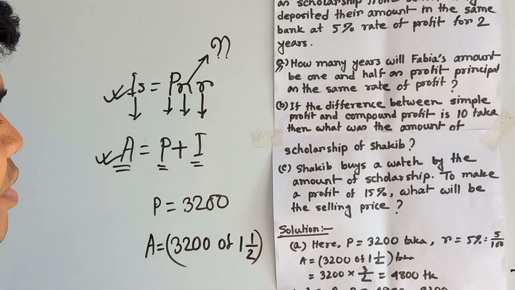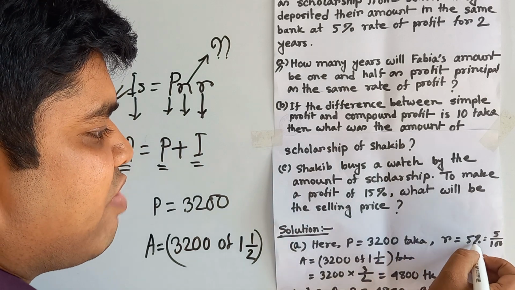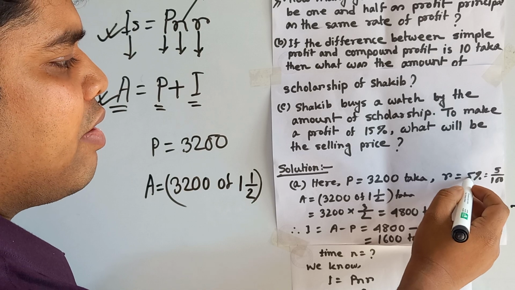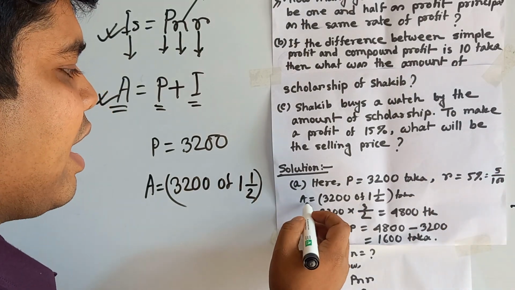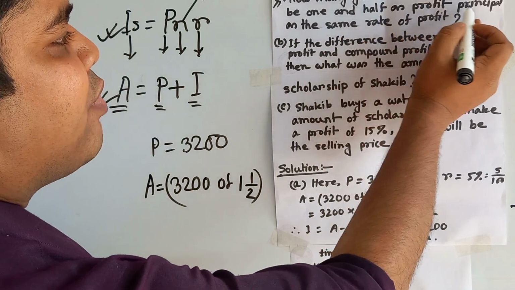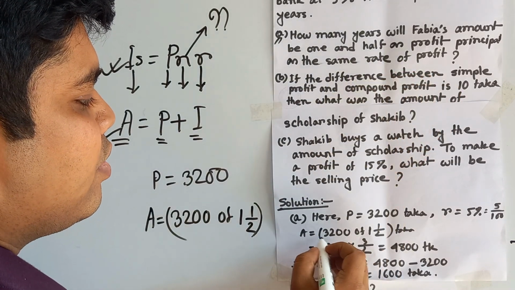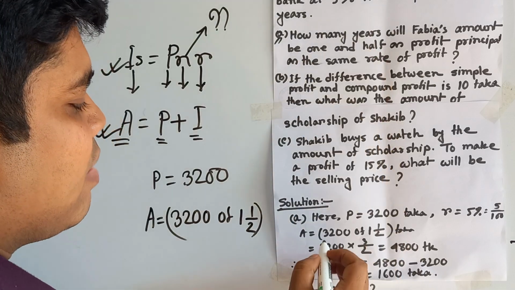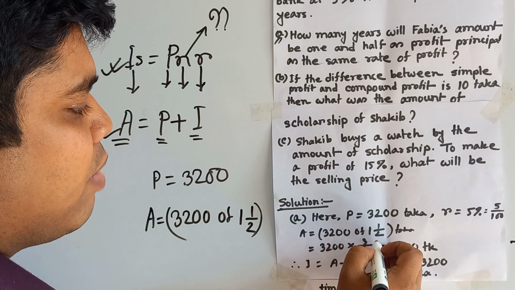Here you notice P equal to 3,200 taka, R equal to 5%. Percent means 1 by 100, so 5% can be written as 5 by 100. Now A: it is 1.5 times the profit principal at the same rate of profit. That means A equal to 1 into 1 by 2 of Fabia's amount, that means the principal, so 3,200 of 1 into 1 by 2.